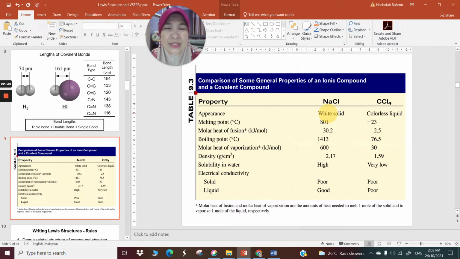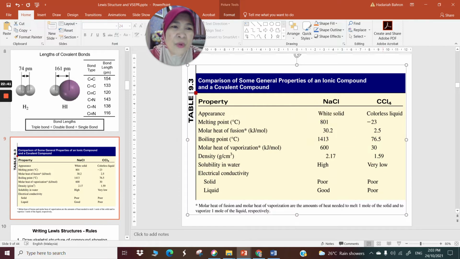Everybody knows that salt, the table salt, is a white solid, whereas CCl4 is a colorless liquid. So that tells us something about the difference between ionic compound and covalent compounds.